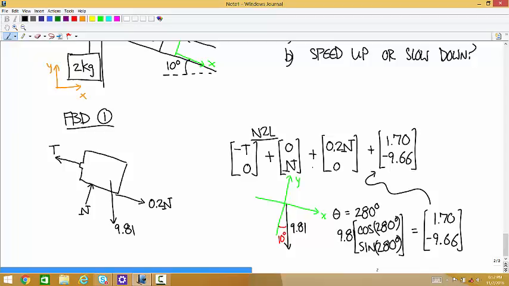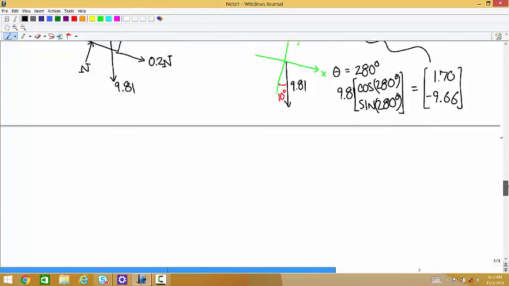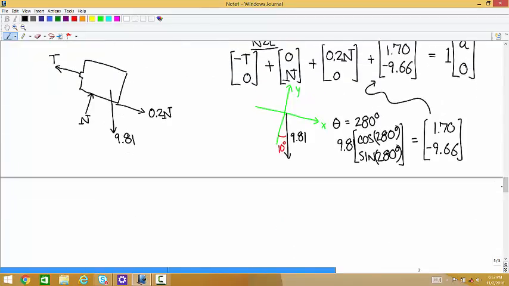And now we're done with all the forces. And those have to be equal to the mass times the acceleration vector, which is always just A, 0. The y equation says N is equal to 9.66.